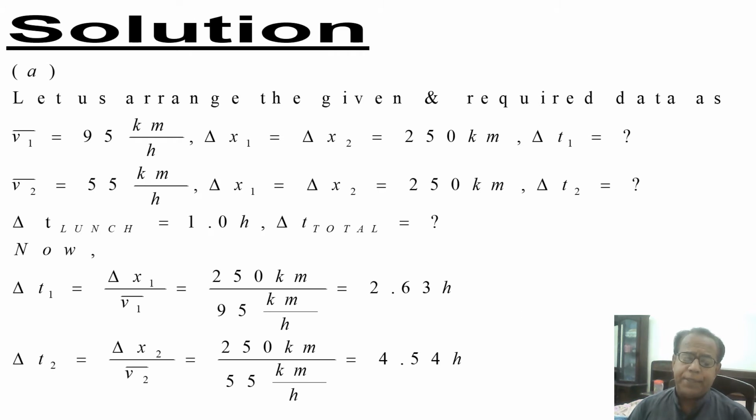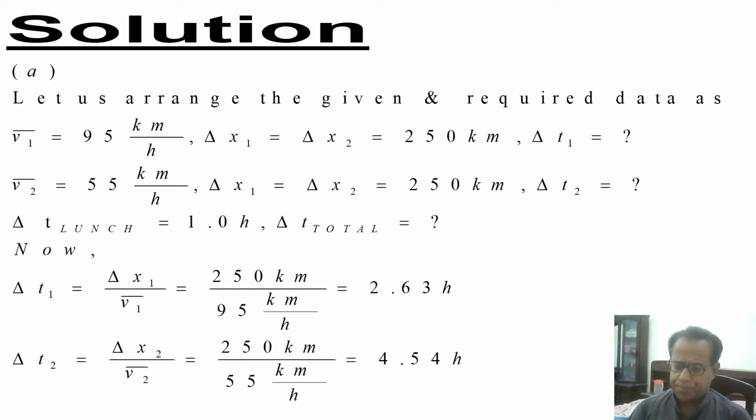V1 average, this bar denotes average, V1 average is equal to 95 kilometers per hour, while delta x1, which is equal to delta x2, is equal to 250 kilometers.